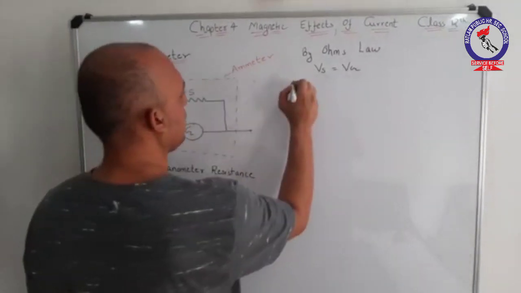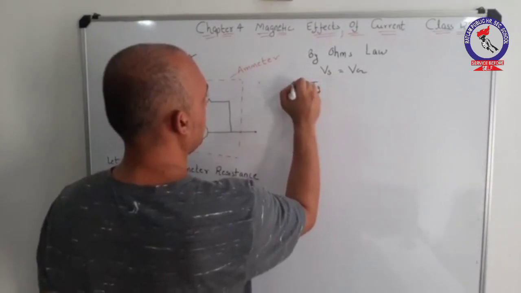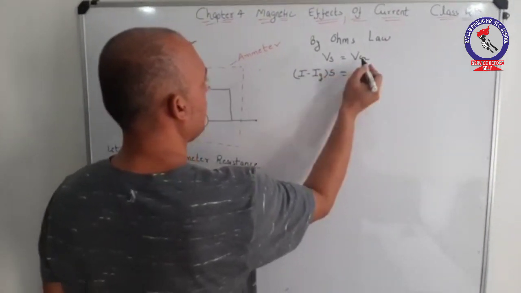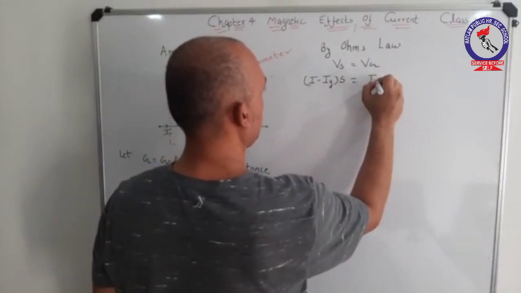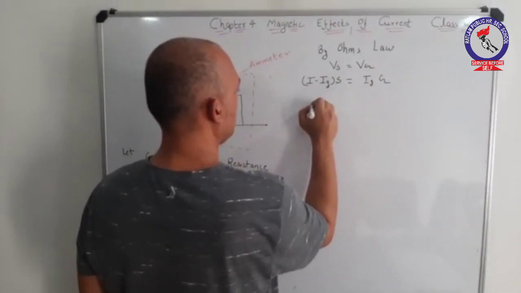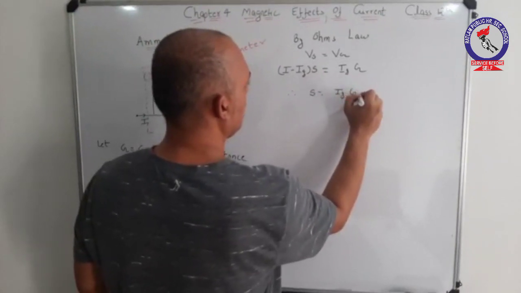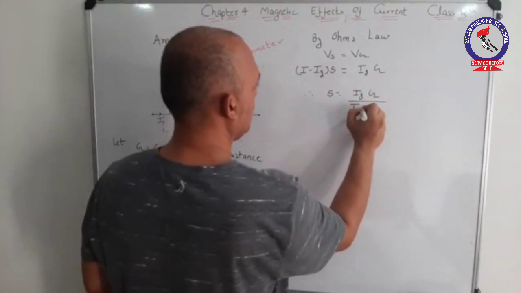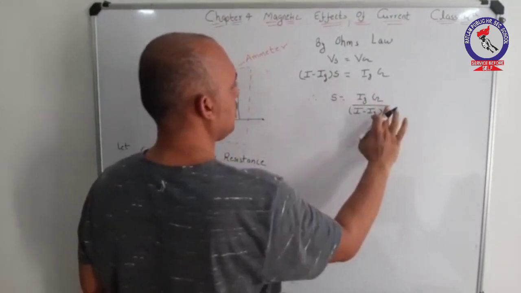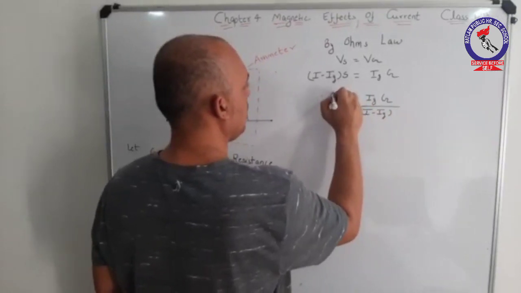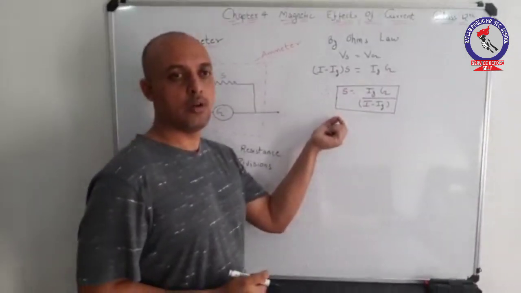Potential difference across shunt, (I minus Ig) into S. Potential difference across galvanometer, Ig into G. Therefore, the value of shunt comes out to be S equals Ig into G upon I minus Ig. In this way, we can calculate the magnitude of shunt to be connected.